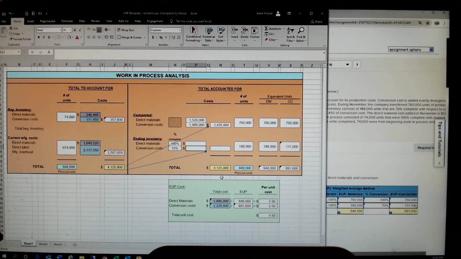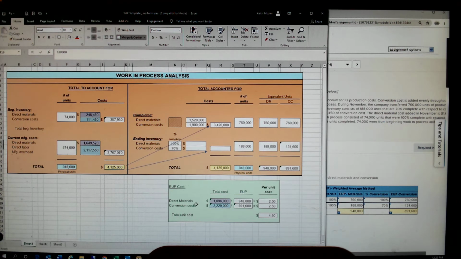Now, how about ending inventory? Well, I could plug it. I could force it here because I know that if 3,420,000 of this 4125 is going to these 760, well, the rest must be the 188. But we don't want to plug numbers. We want to prove them and make sure that they work, so we catch our mistakes if there are any. So let's start off with these 188,000 units.